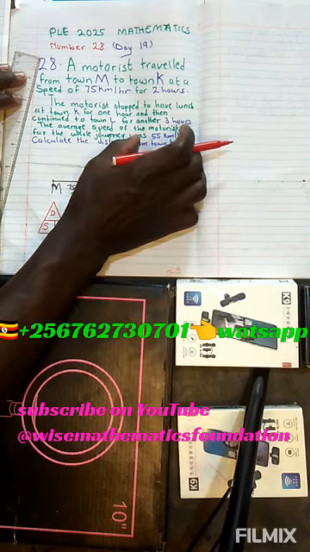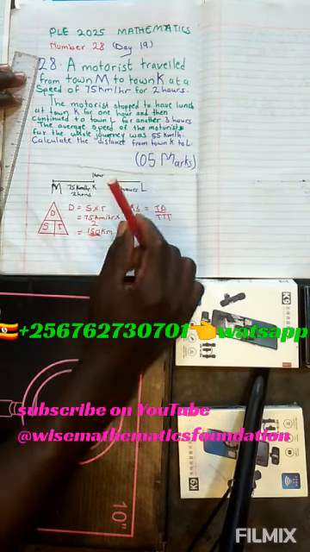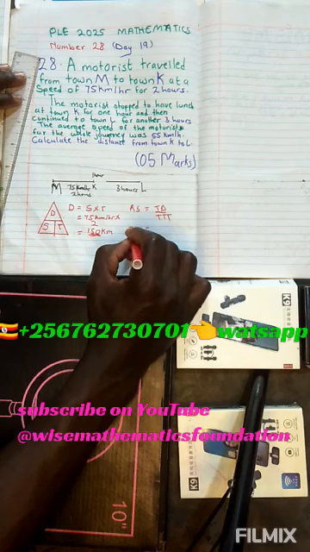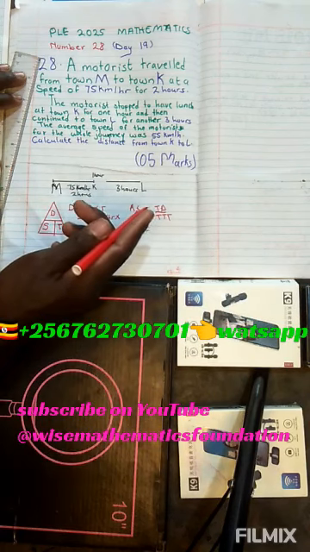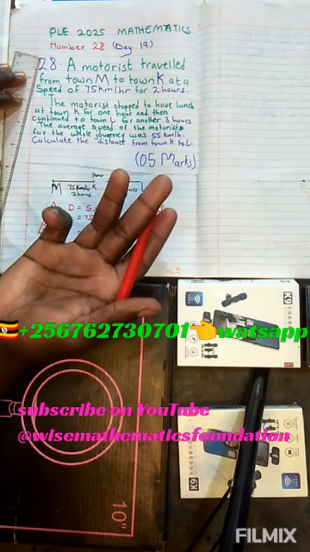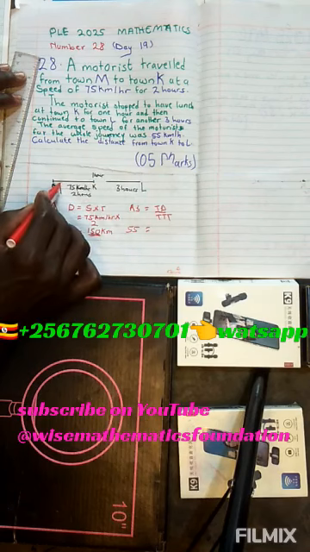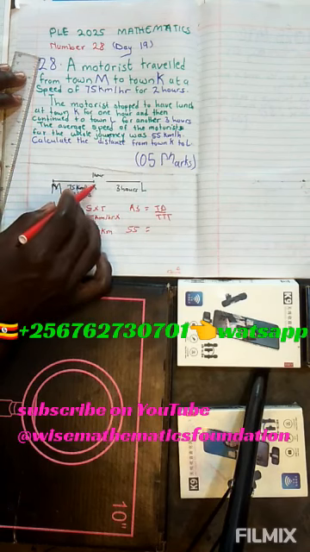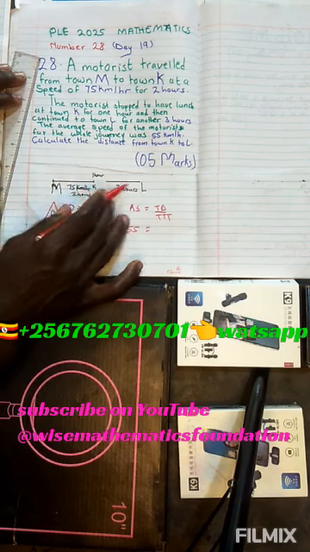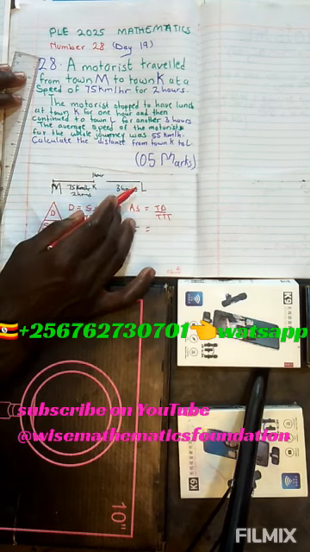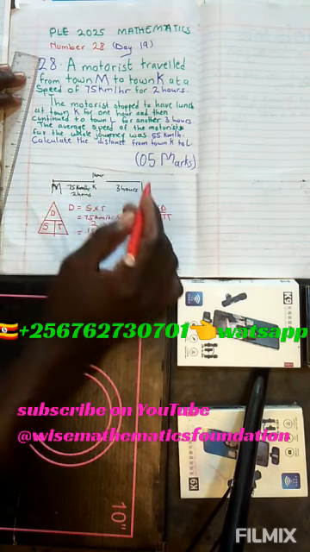We have our average speed, which is 55 kilometers per hour. So what is our distance? We only know the distance between town M and town K. We don't know the distance between town K and town L, and it's what we are looking for.